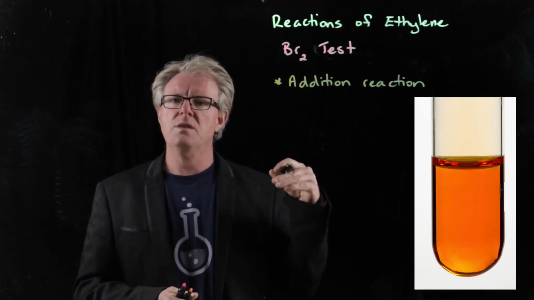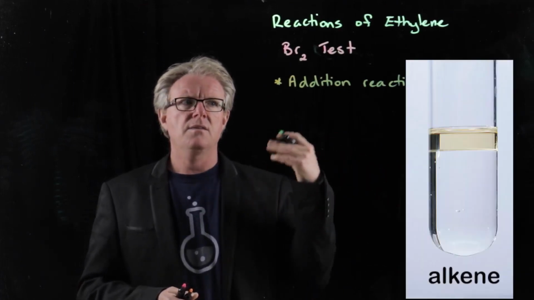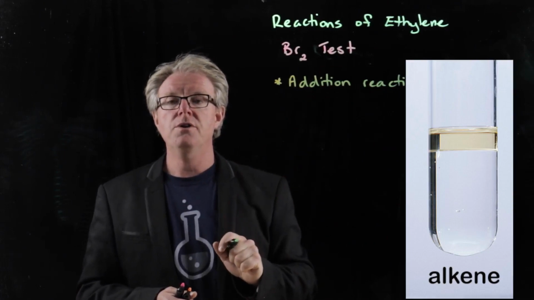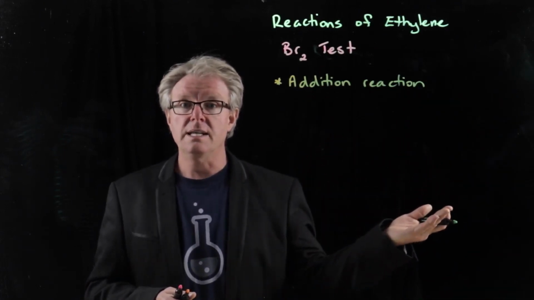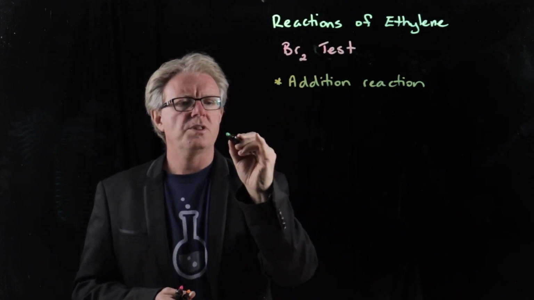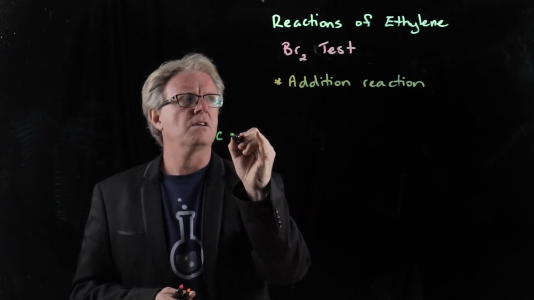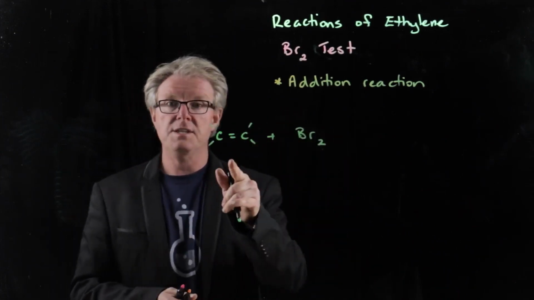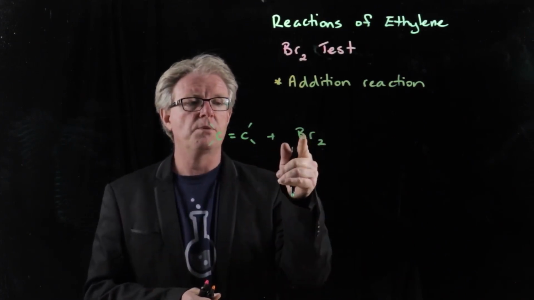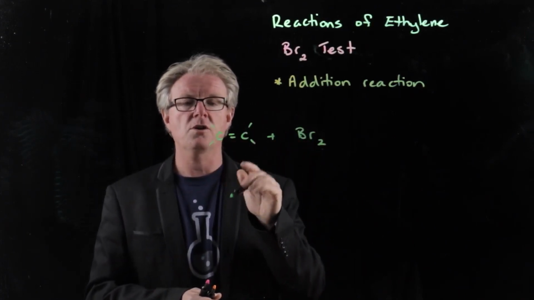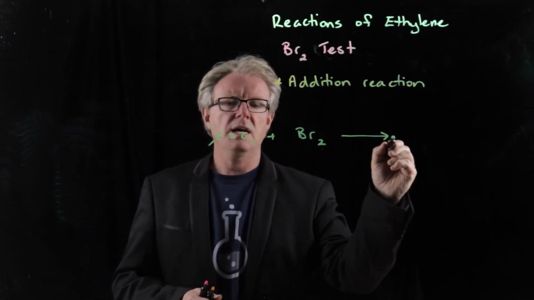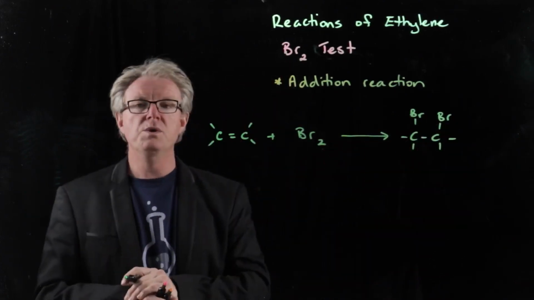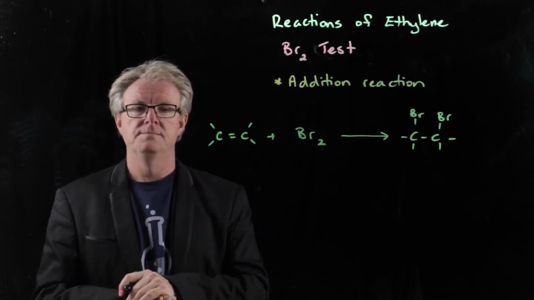But when you mix that with an alkene, the bromine adds to the double bond, and therefore the solution goes clear. Okay? So if we think about it, we have something like this. Ethylene, we add the bromine, it adds to the double bond, and you'll learn more details on that in a future video, but it creates a halo alkane.